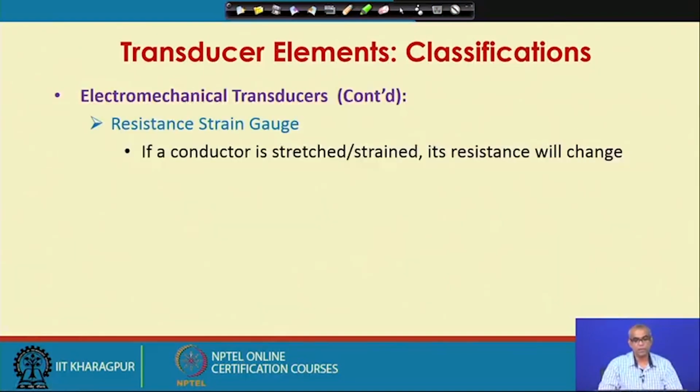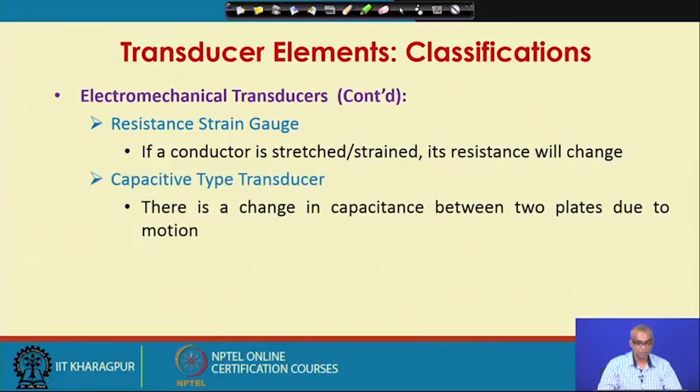There are other electromechanical transducers that we will be talking about, resistance strain gauge. If a conductor is stretched or strained, its resistance will change. So, this is the principle that resistance strain gauge uses. Capacitive type transducer, there is a change in capacitance between two plates due to motion.